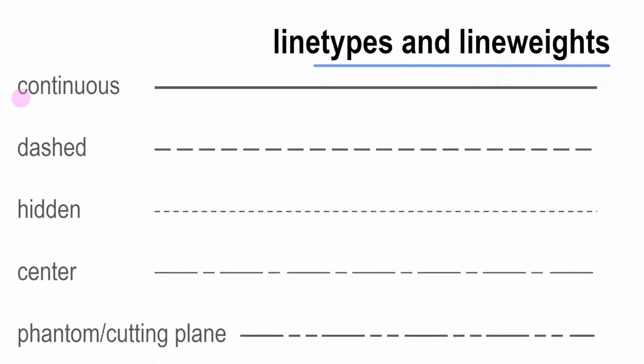But one of the big differences we'll see in continuous lines is how thick they are. So they'll have different line weights to represent the hierarchy of the lines.